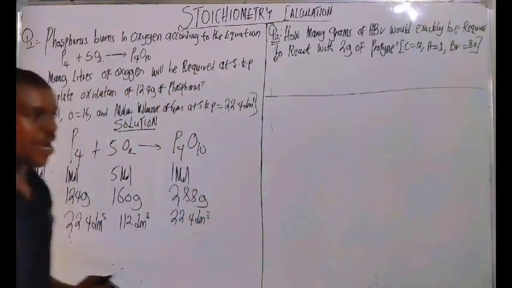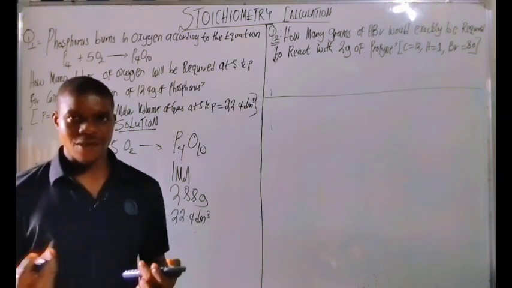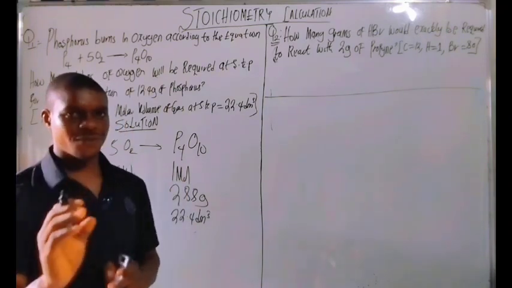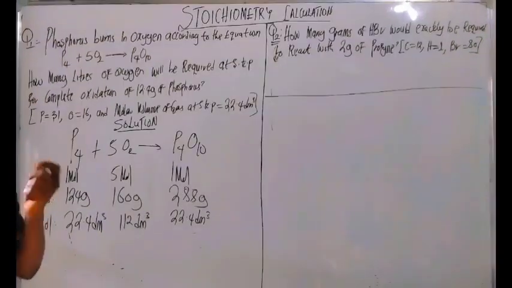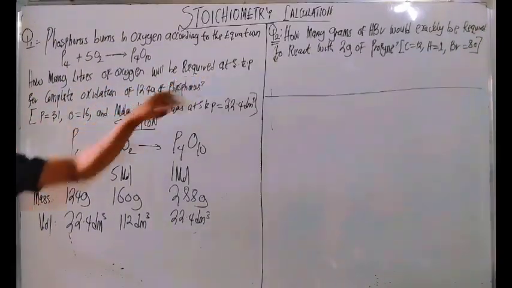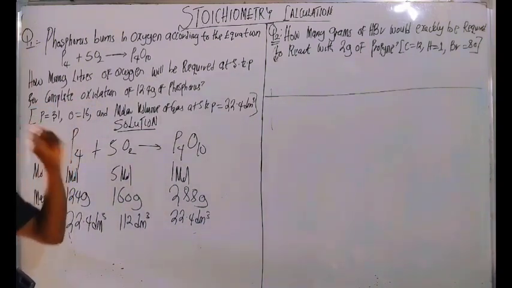Now the next step here is to write out the species I'll be given and what I will be looking for, and look for the relationship. I'll be explaining that for you in a moment. Now look at something here. If you look at the question, it says how many liters of oxygen will be required at STP for complete oxidation of 12.4 gram of phosphorus?